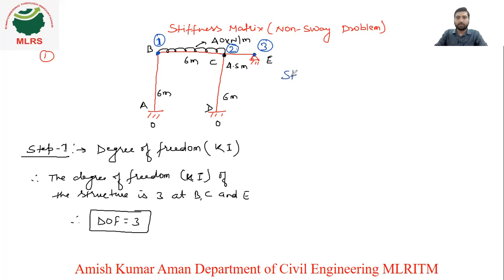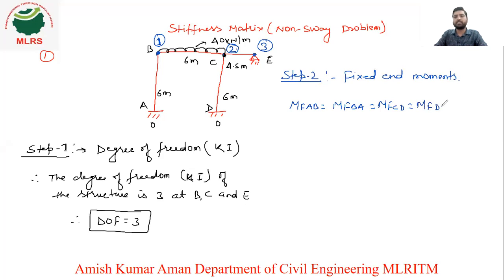Now we will go for step number 2. What is our second step? To find fixed end moments. So MFAB will be equal to MFBA will be equal to MFCD will be equal to MFDC will be equal to MFCE, which will be equal to MFEC, which will be equal to 0 kilonewton meter.